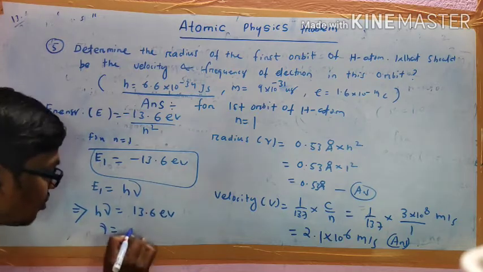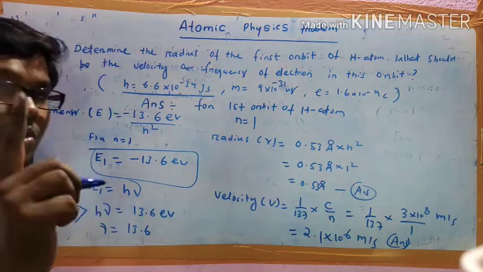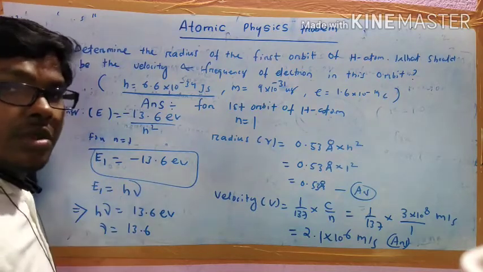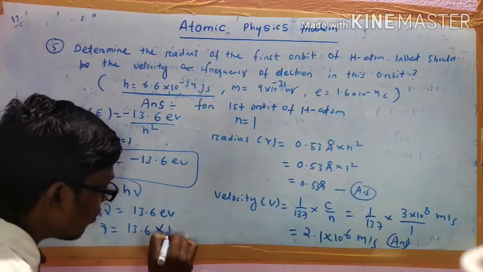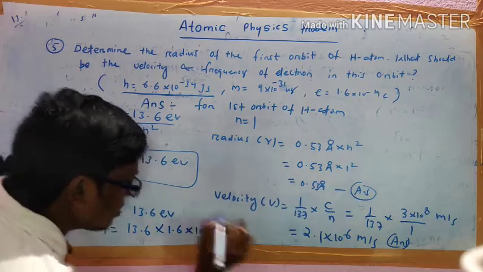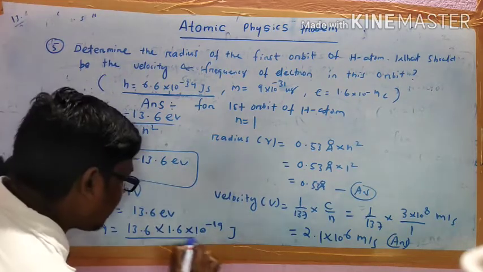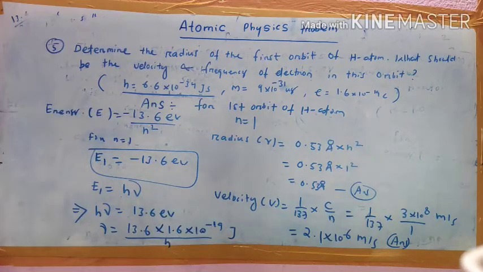So nu is equal to 13.6 eV, electron volt. I have said electron volt is equal to 1.6 into 10 to the minus 19 joule. So nu is 13.6 into 1.6 into 10 to the minus 19 joule divided by h.